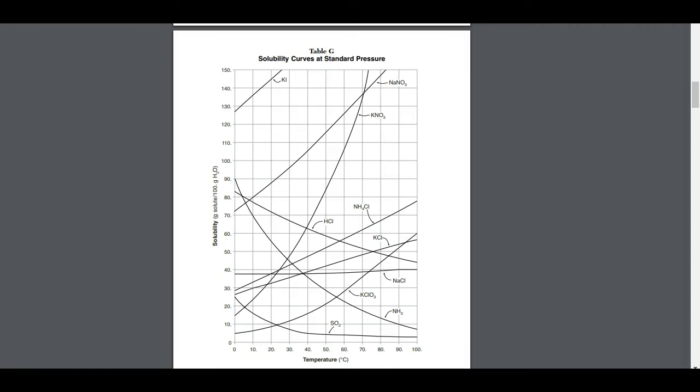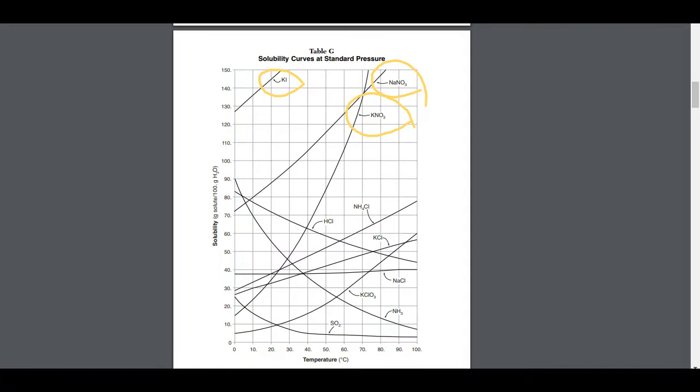Reference table G. Now, table G isn't that much different than what we saw with reference table F, except now we have numbers that we can associate with how soluble a solute is in a solvent. But we're talking specific solutes here, like potassium iodide or sodium nitrate or potassium nitrate.